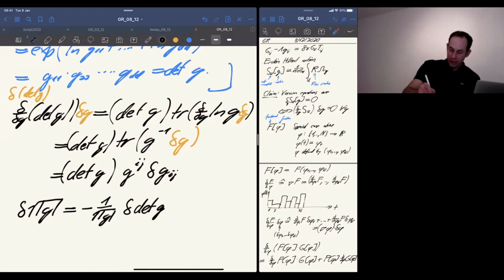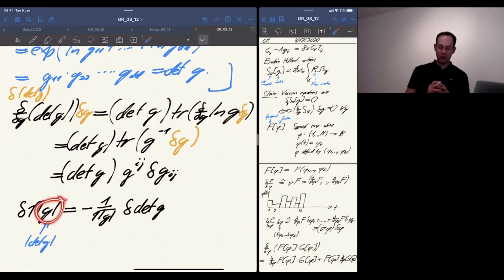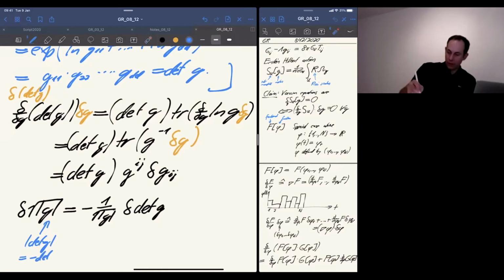So remember that what I wrote on the left-hand side is really the determinant of G and then taking the absolute value. That was just a short form. You only write the absolute value, but the understanding is always take the determinant and then the absolute value. Now we are in space-time, and in space-time, the metric always has determinant negative. So this thing will just be minus determinant of G. And now I just absorb this minus here.